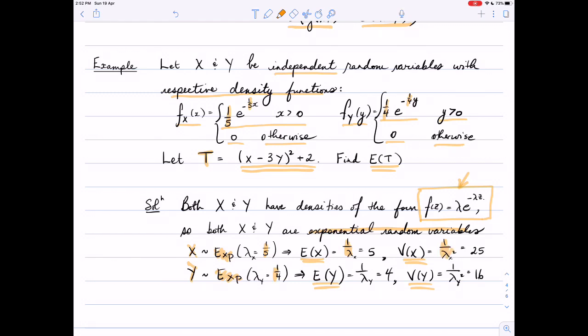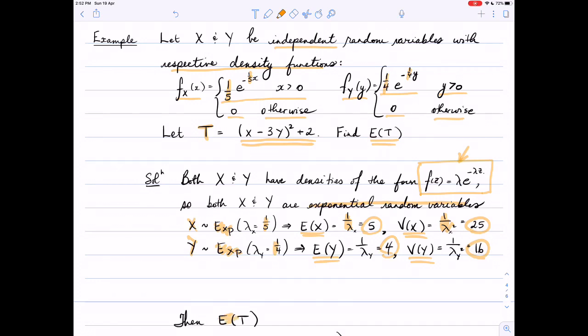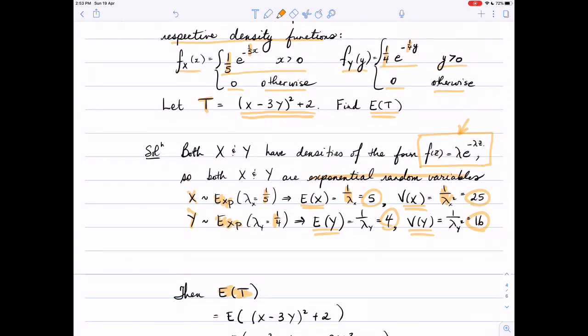So if we calculate both of those for x and for y, we get the expected value of x is 5, expected value of y is 4, and 25 and 16 for their respective variances. So those are the ingredients we are about to use, because we want to calculate the expected value of t, which is the expected value of this expression for t.